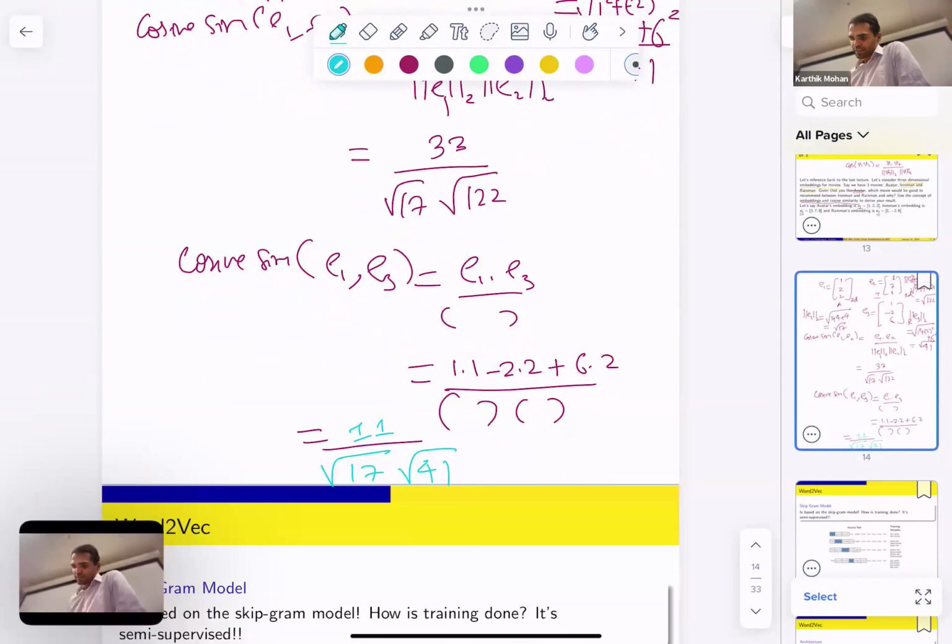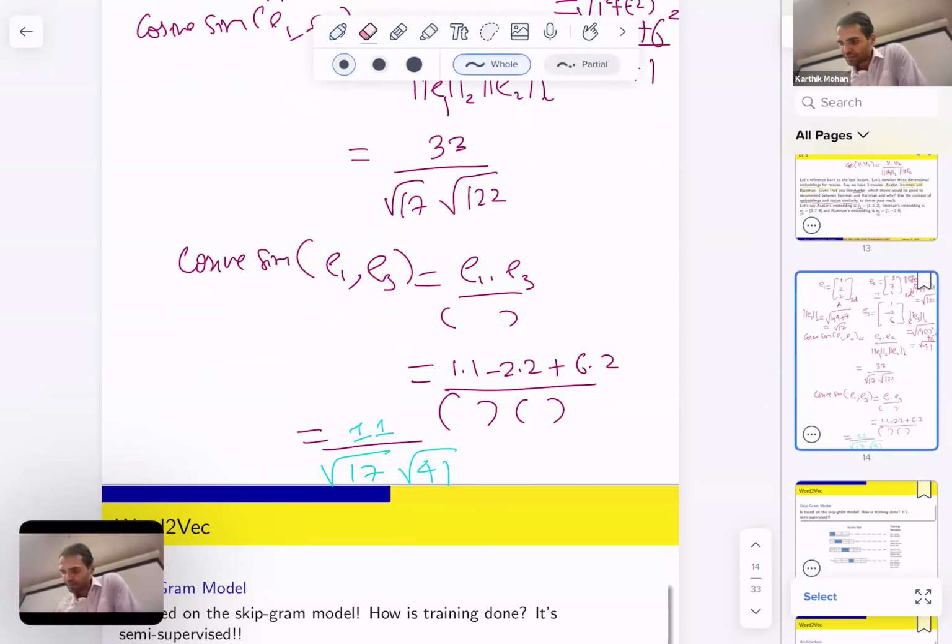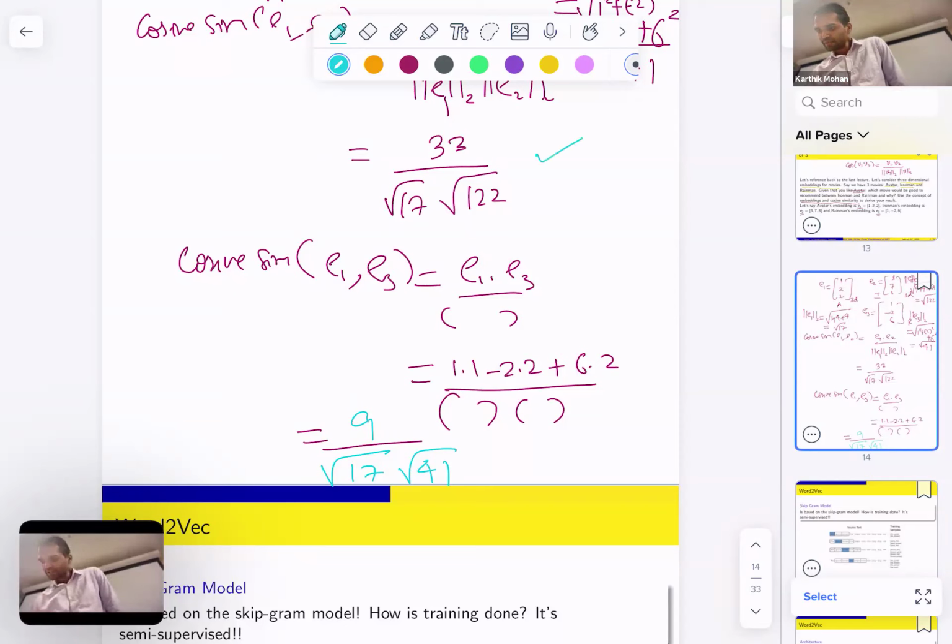Okay. So which one's bigger? The top one. This is bigger, right? Yeah, that makes sense.